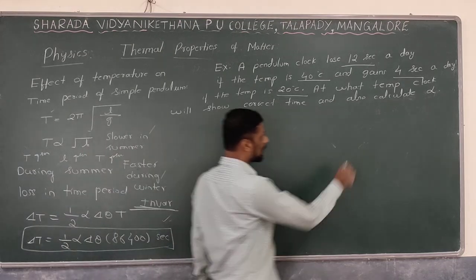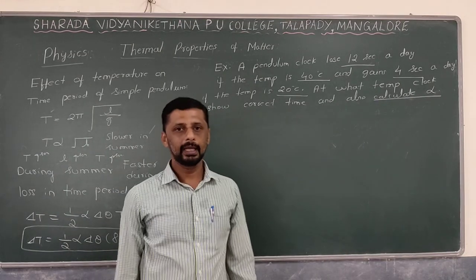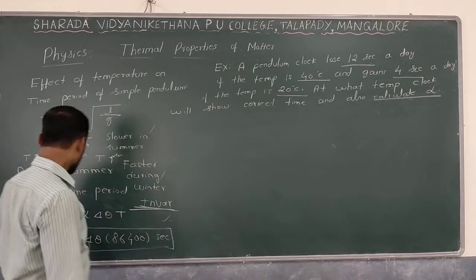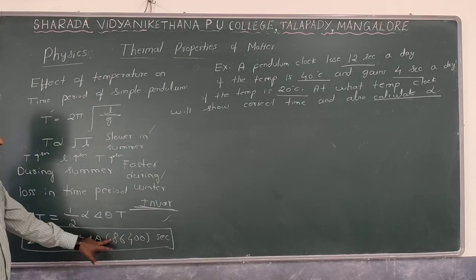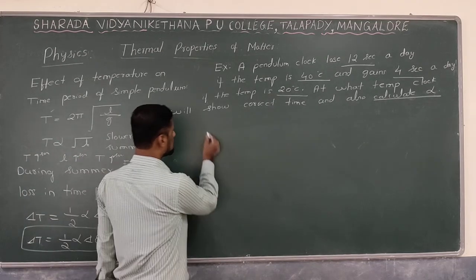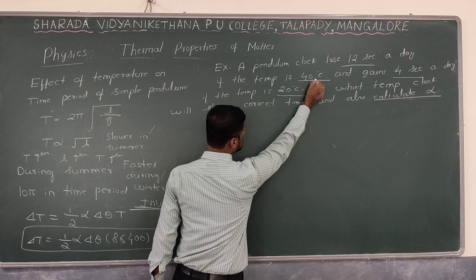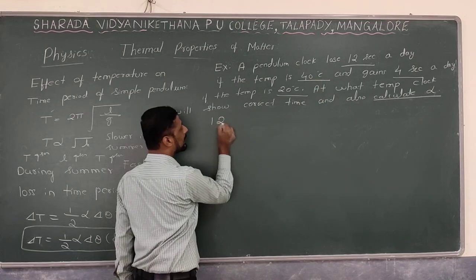And also we are asked to calculate the value of what? Alpha. Alpha means coefficient of linear expansion. So we can use this formula, that is delta T is equal to half into alpha into delta theta into 86,400. First, when the temperature is increased to 40 degrees Celsius, it loses how many seconds? 12 seconds in a day.